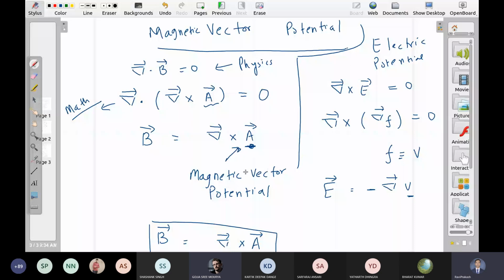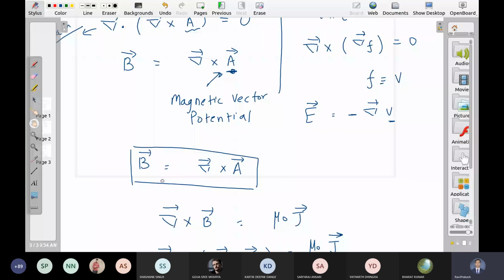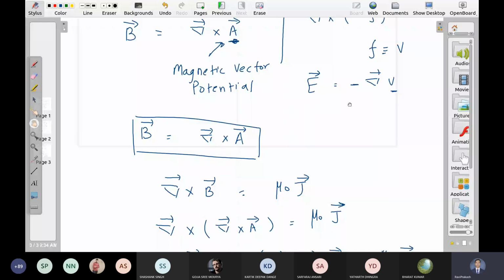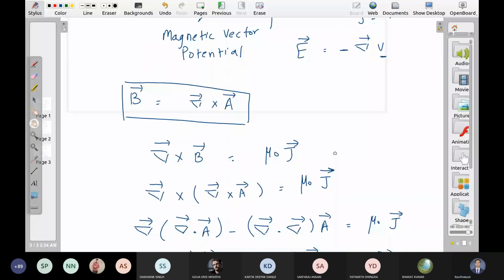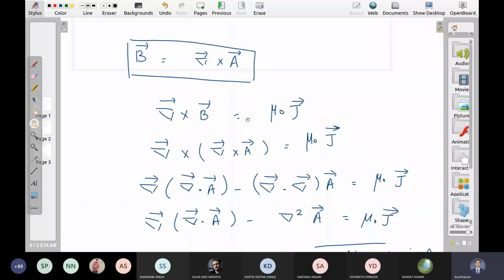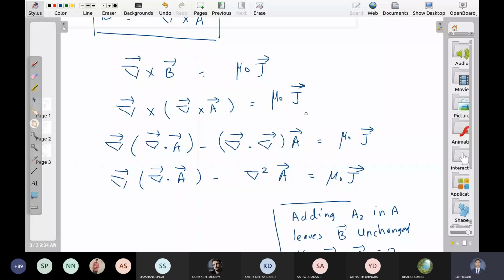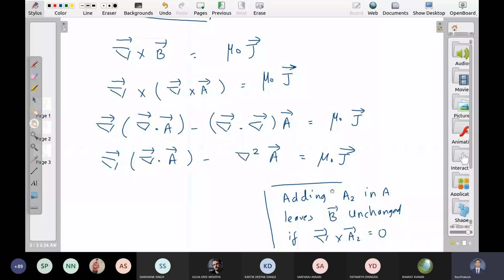Now, like electric potentials are not unique, they can differ by a constant value, vector potentials are also not unique. They can also differ by plus minus of some other vector quantity. But yes, curl of that other quantity must be 0, otherwise there will be a problem. So what is A2?